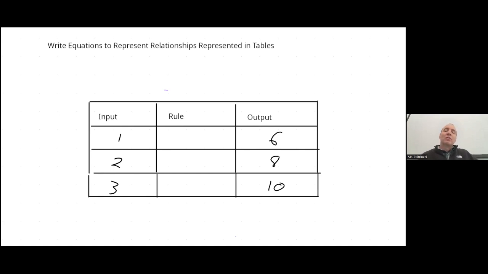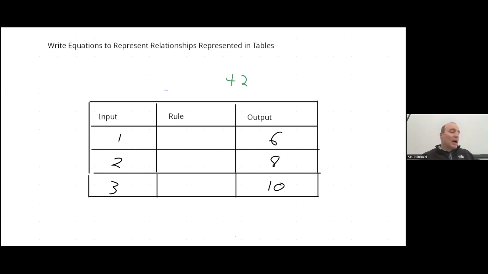So the first thing you're going to notice is that each one of these numbers, 6, 8, 10, increases by 2. So I know that somewhere in this rule, there's going to be a plus 2, okay? Because I can see how they go up by 2 each time. So that's great.